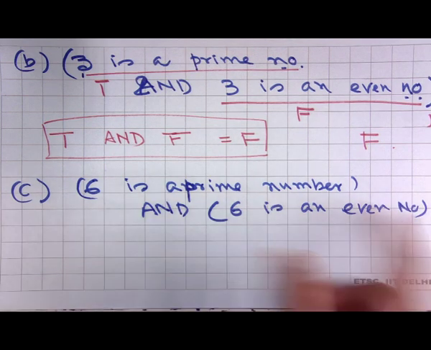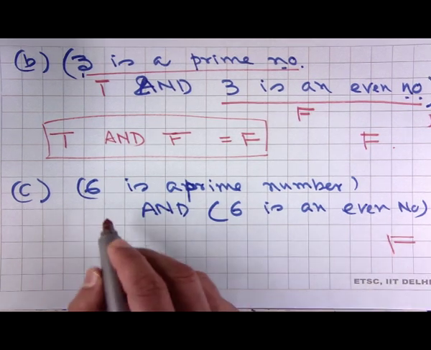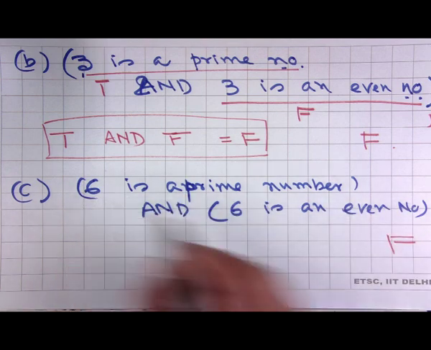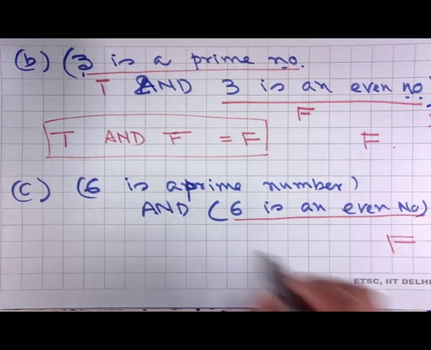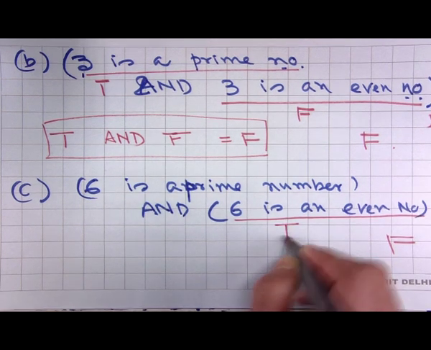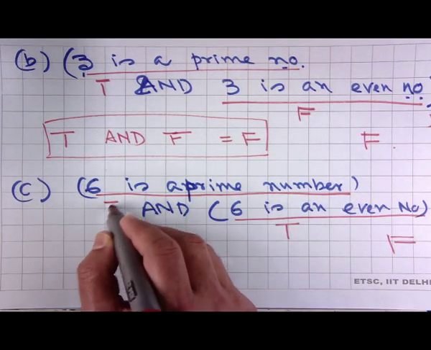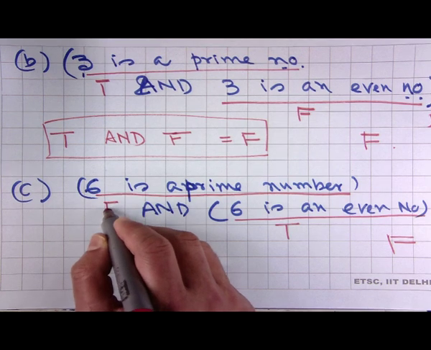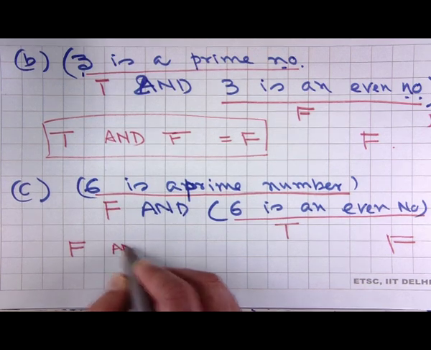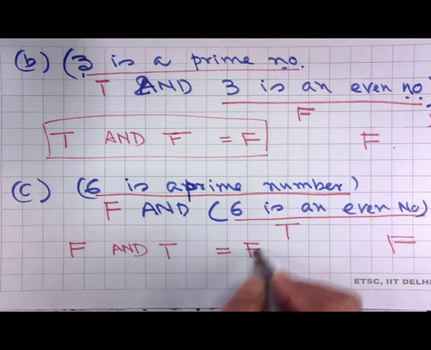If I look at the whole thing, again this is false, because this is not correct as a whole. We know that 6 is an even number as a component statement is correct, and 6 is a prime number as a component statement is false. So, what we get? F and T is equal to F.